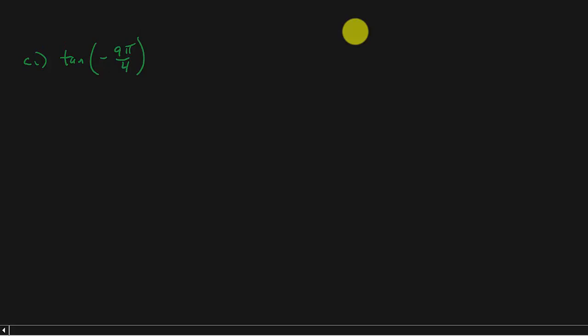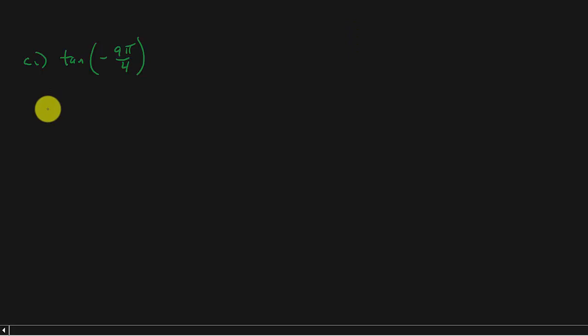All right, so what about this one? Tangent of negative 9 pi over 4. Once again, let's do our coterminal angles and get it back to something we know.